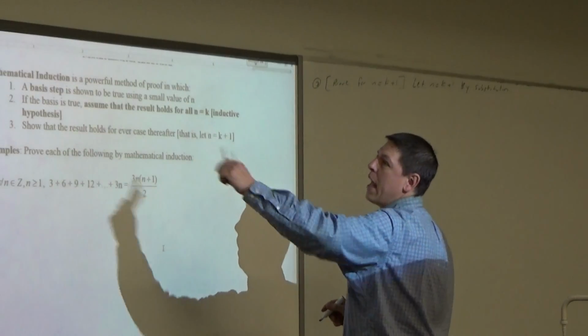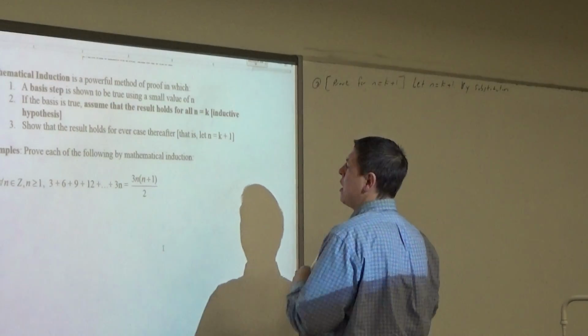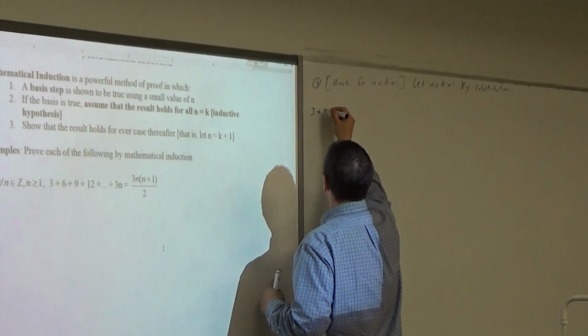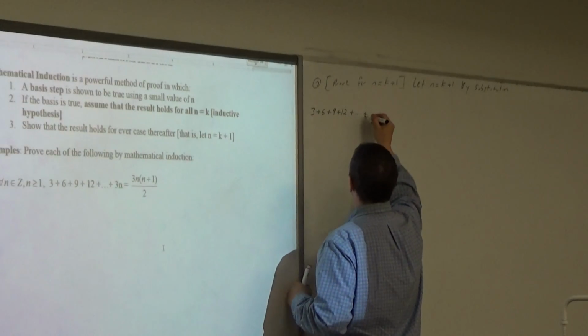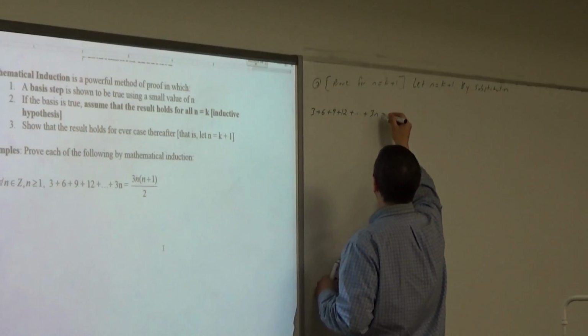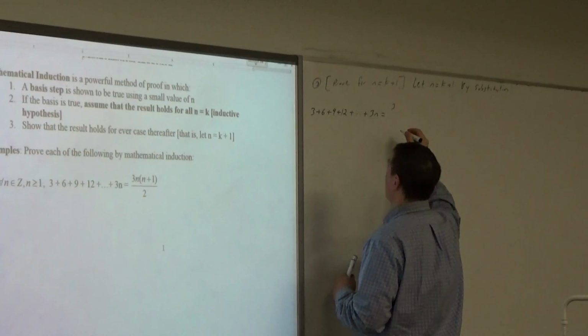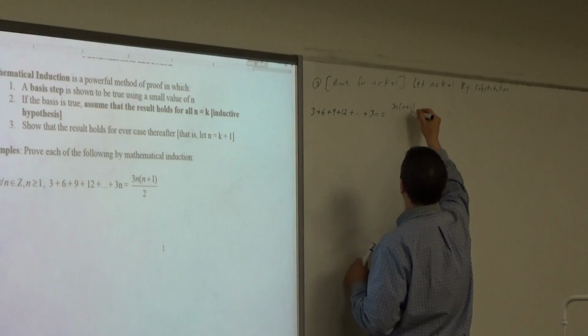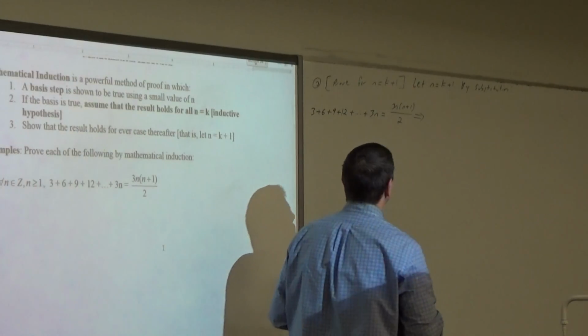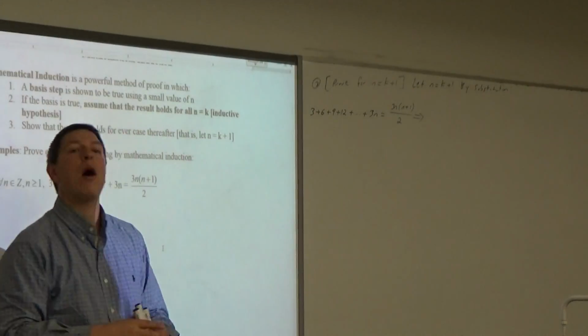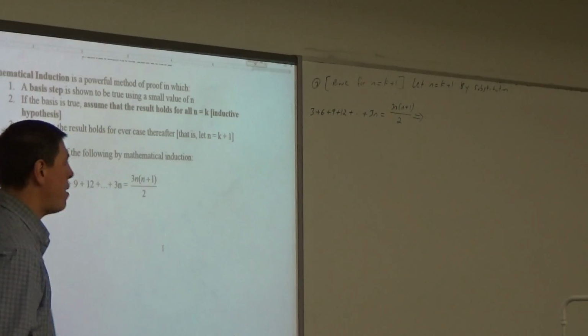the formula that we have up top, or this guy right here, 3 plus 6 plus 9 plus 12 plus da-da-da-da-da plus 3n, which is equal to 3n(n plus 1) divided by 2. And we're going to substitute k plus 1. Now I'm going to show you guys what it means to substitute k plus 1.